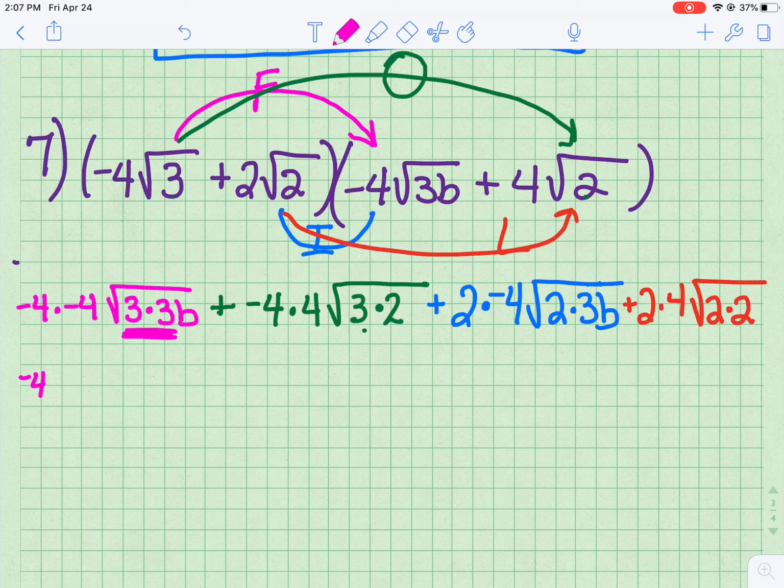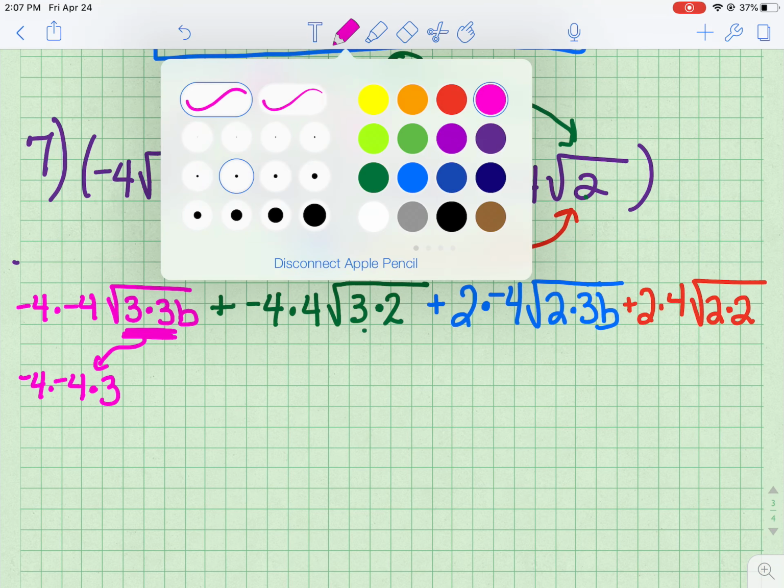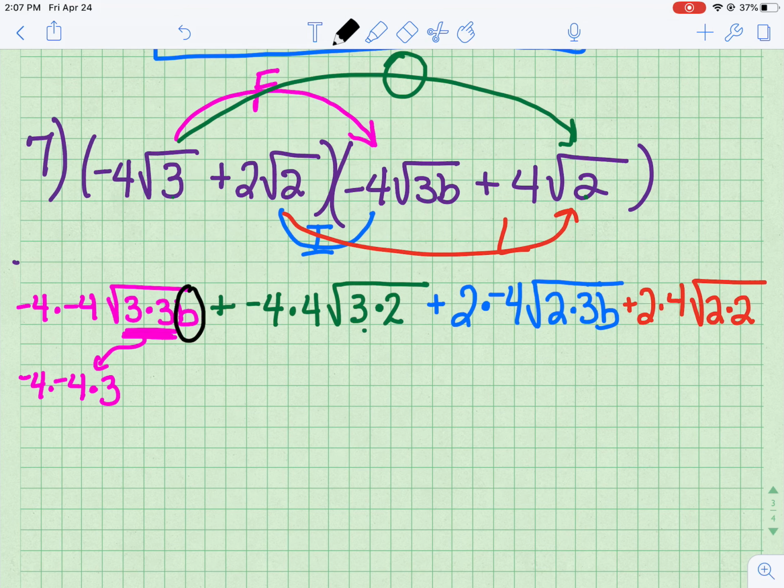So we have a -4 waiting outside, a -4 waiting outside, a 3 joins them because something happens to his pair on his way out, and we have a b left behind under the radical. Multiplying -4 times -4 times 3 gives me 48 on the outside, and the b still on the inside.